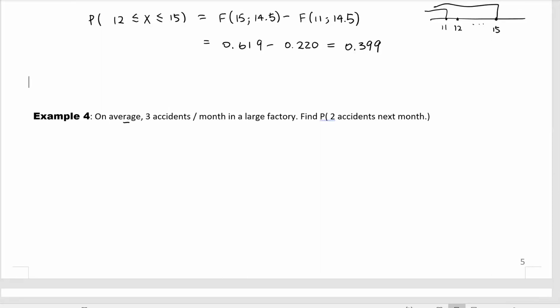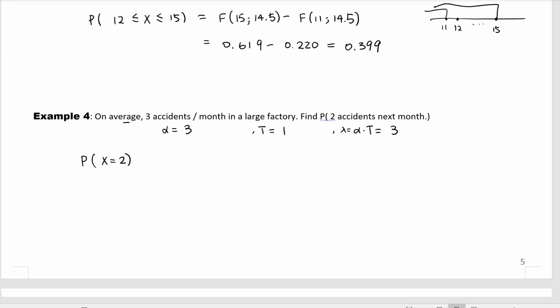On average, average, right? Good. So that tells us alpha is 3 accidents per month in a large factory. Find the probability of 2 accidents next month. Next month is 1 month, right? So T is also 1. Then lambda is alpha times T, also 3. Then probability of exactly 2 accidents.